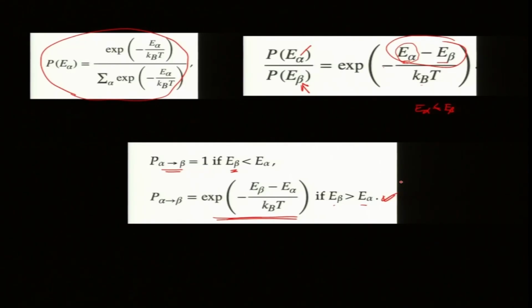But if E beta is greater than E alpha, then you go to the higher energy state with this probability. If E beta is much bigger than E alpha, the probability is negligible, but in the neighborhood we allow it. Otherwise, mixing is not possible; if you do not allow this, it will just go to the ground state, which is unrealistic.